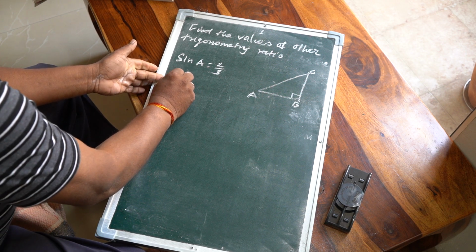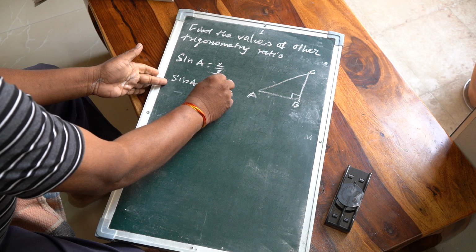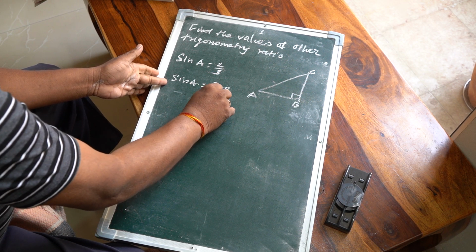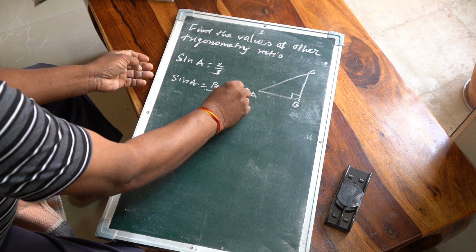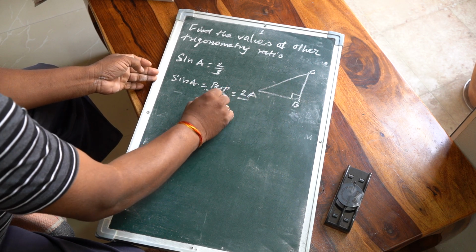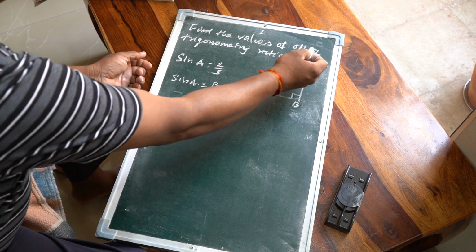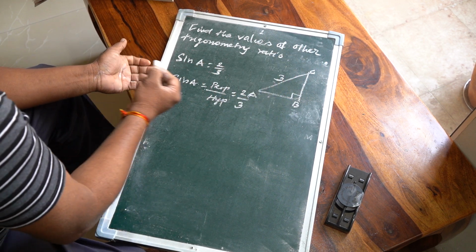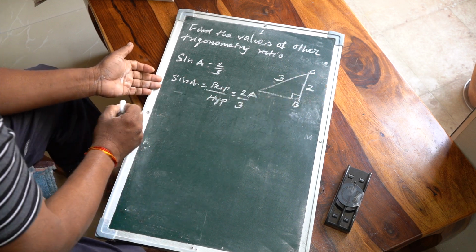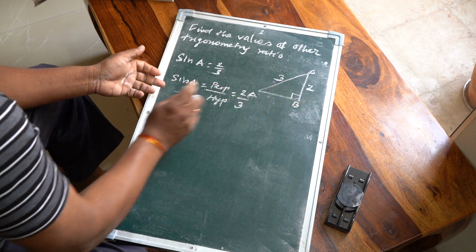Actually, sin A means the perpendicular by the hypotenuse. The perpendicular is 2 and the hypotenuse is 3. Here AC is the hypotenuse, so this is 3, and the perpendicular BC is 2. Now we want to find the AB value.